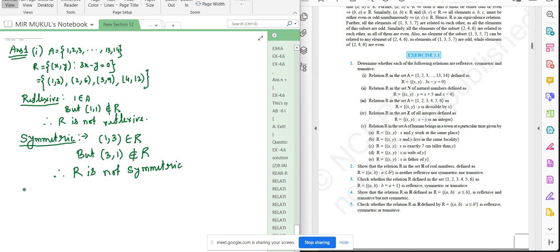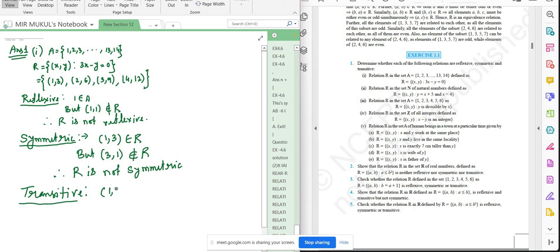Now transitive. So check whether an ordered pair of type (a, b), (b, c) is present or not. (1, 3) and (3, 9), yes, we are getting.